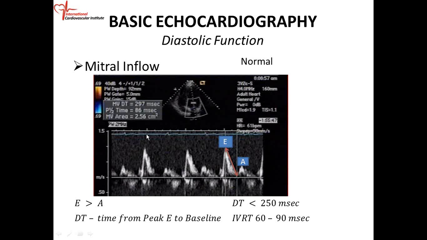And then you have your ECG on top. Remember, systole is from the QRS to the T wave, and then diastole is from the end of the T wave to the QRS. So this is our mitral inflow right here, the diastolic period right here. Remember what we said, the IVRT.